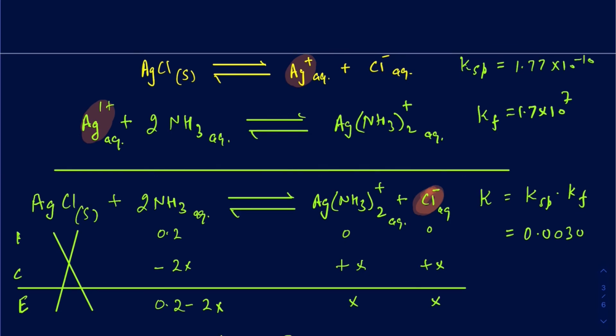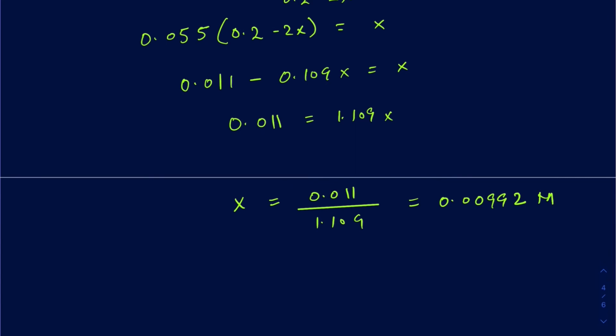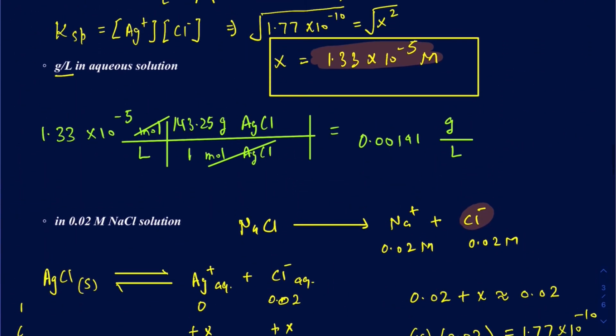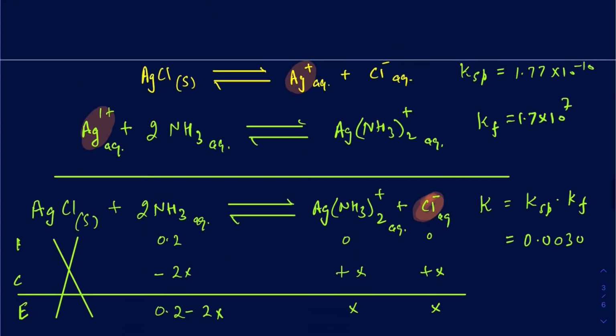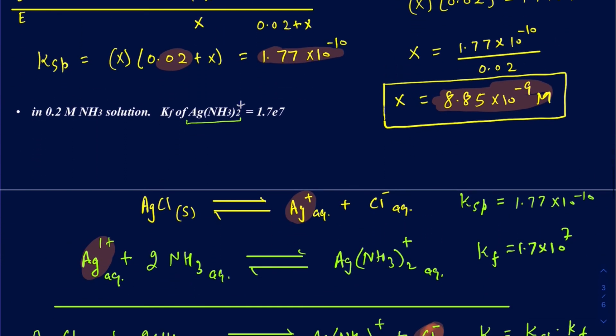You can clearly see how this molar solubility has been dramatically increased because now, in scientific notation, it is 9.92 times 10 to the minus 3 molar. And in the absence of that, or just in water, it was 1.33 times 10 to the minus 5. So your molar solubility increases in the presence of complex ion formation, and it will decrease in common ion.